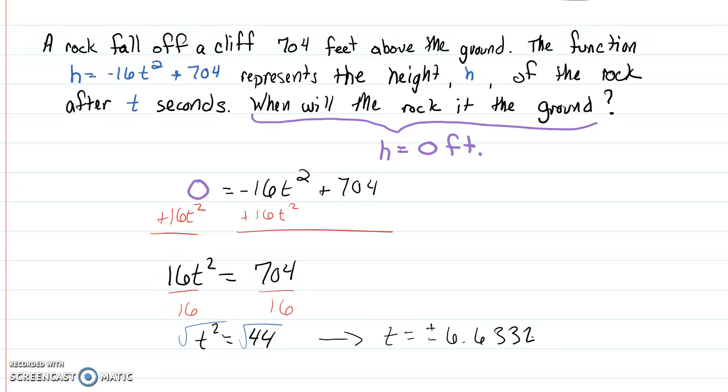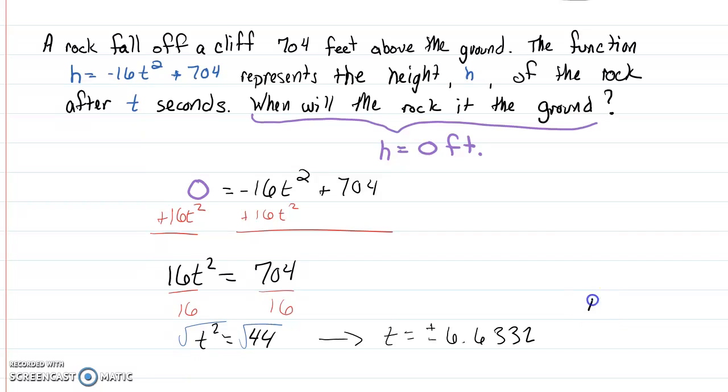But realistically, because this is a word problem, there's some context around this. T represents time. Can t be a negative time? I'll answer that question for you. It's no. So this actually restricts my domain. My domain has to be positive numbers. So I couldn't answer this as my final answer.